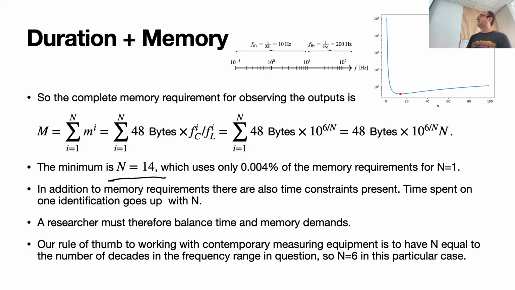In such a scenario, you will use only 0.004% of the memory instead of sampling everything with just one PRBS curve. So if you slice it like that, you have almost 100% savings in memory.